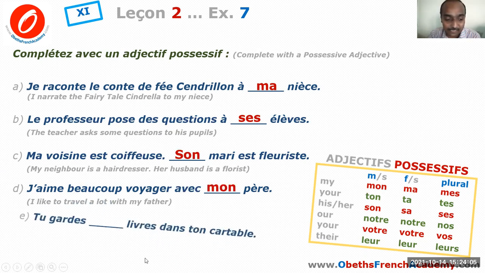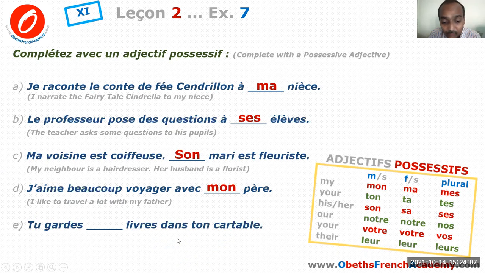The fifth sentence. Tu gardes dash livres dans ton cartable. You keep your books safely in your bag. So now the subject pronoun is tu, you without respect. So we need to use either ton or ta or tes. Why have we chosen this row, ton ta tes?